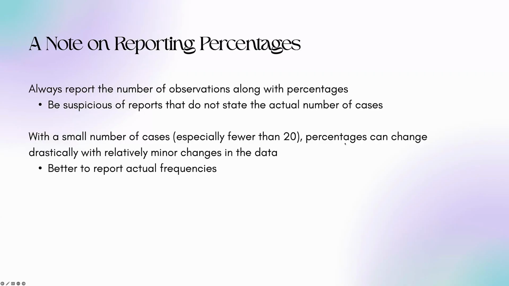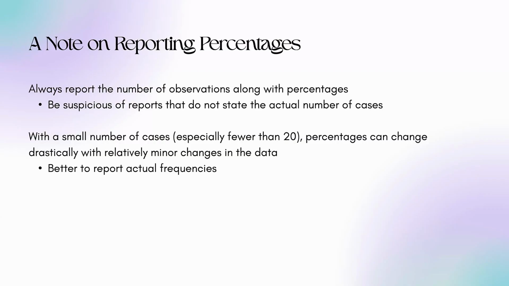Because with a small number of cases, percentages can change drastically with minor changes in the data. So let's say instead of 374 people, we had 3 people, right? And let's say 2 of them said moderate or medium support, and 1 said low support. Because of that, the bar chart's going to look wildly different, right?